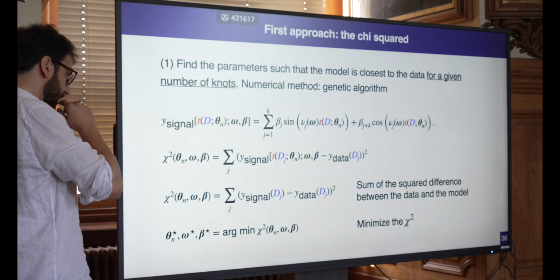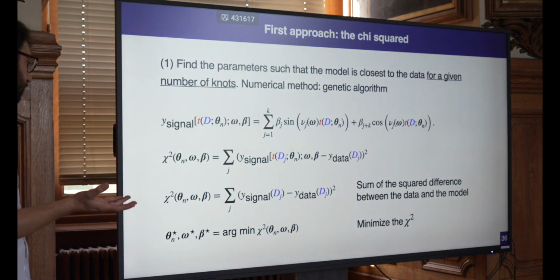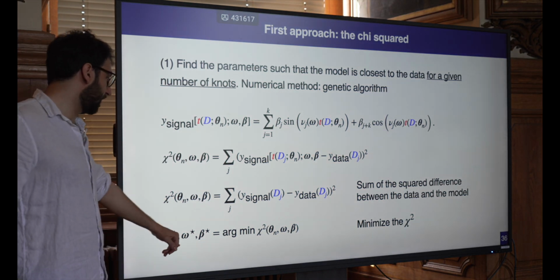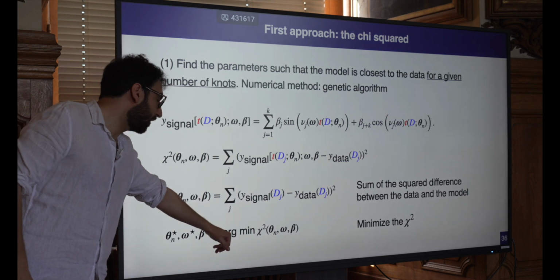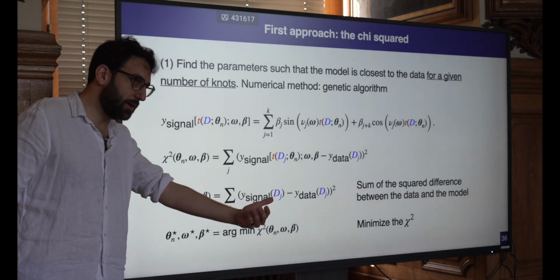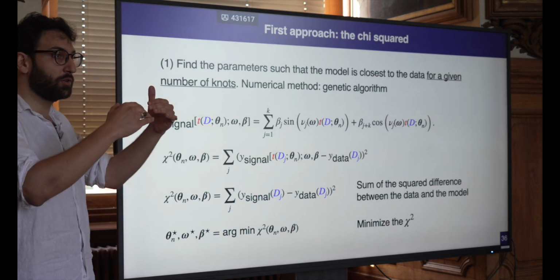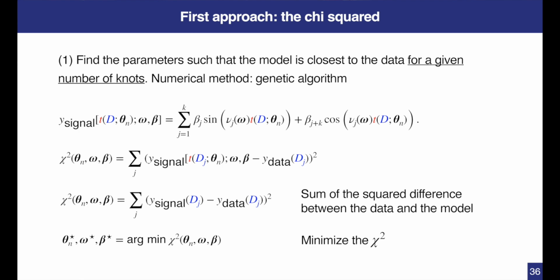The mathematical notation to say that we want the parameters that minimize this function is argmin, for argument that minimizes. The minimum of the function is the value of the function at the minimum. The argument of the minimum is at which parameters I find the minimum of this function.